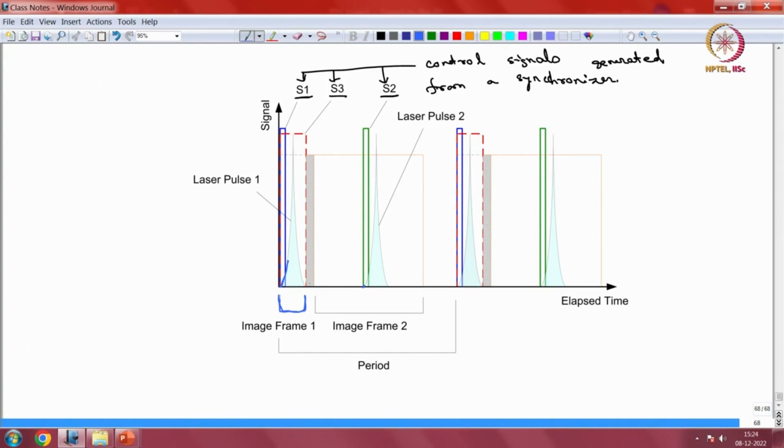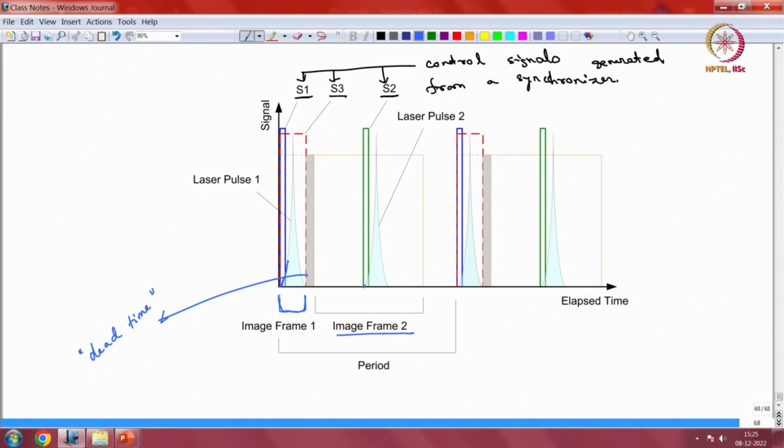Then there is a certain dead time in the camera, and this dead time is used to distinguish the first exposure from the second exposure. So after the dead time, the second exposure takes place, so the second image is recorded. And in this particular case, for example, the second signal starts and the laser is again activated.